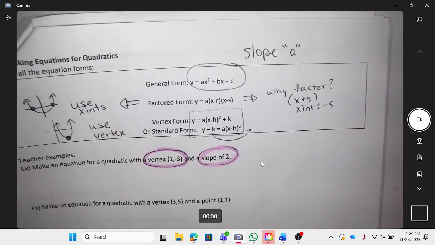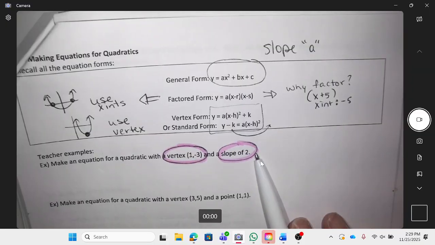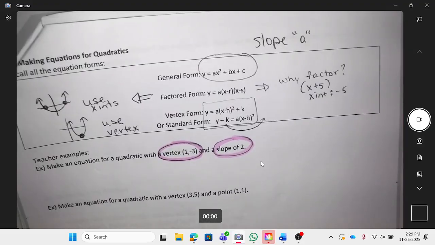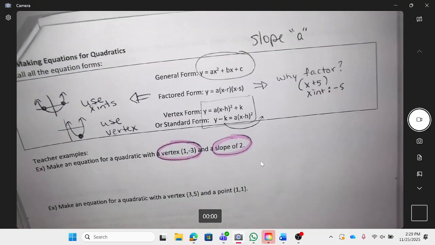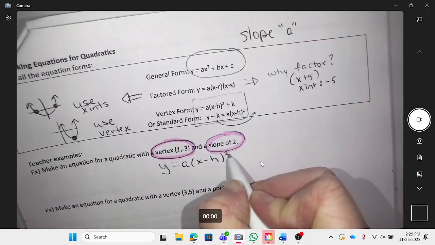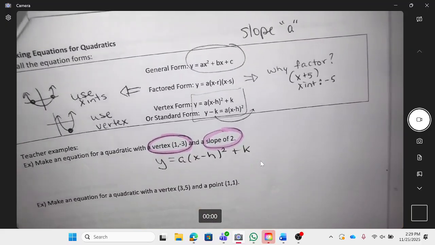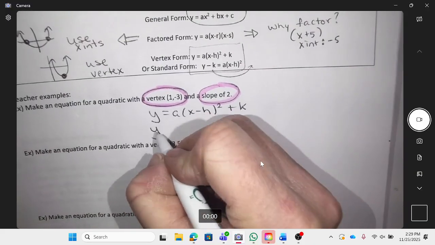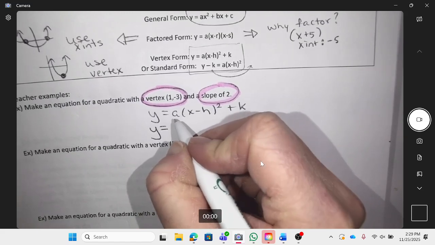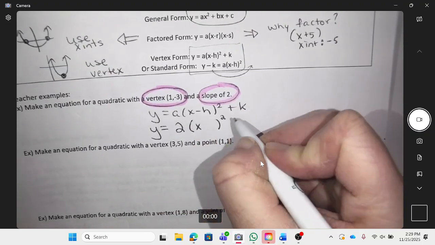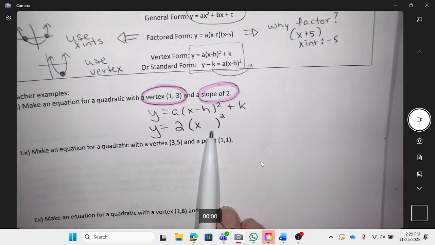Okay, so here we go. Which would I choose? Option 1, 2, or 3? When I've been told the vertex and the slope. 3. Okay, so I'm going to pick this one. Okay, so y equals a, what's the slope number, the multiplier? 2, (x, and we have to put the vertex in here.